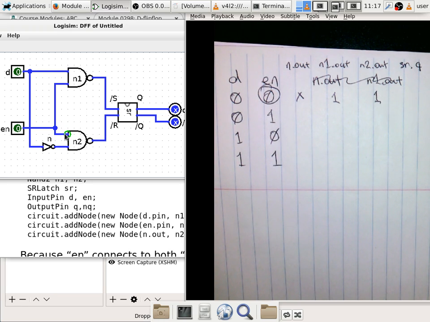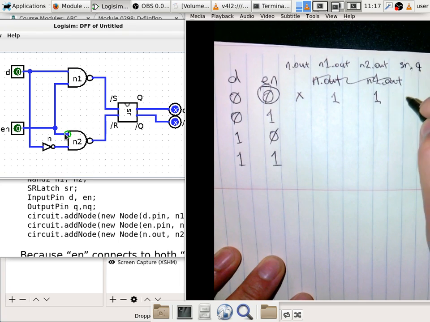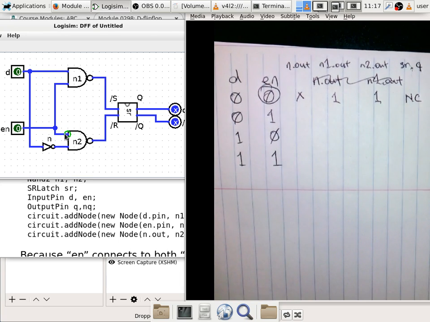It's maintaining its state. Because it's 1, 1, it's 1 for /S, we're not setting. It's 1 for /R, we're not resetting. If we are not setting nor resetting, what is it going to do? Retain the state. Does that make any sense? So that means SR.Q is NC, no change.